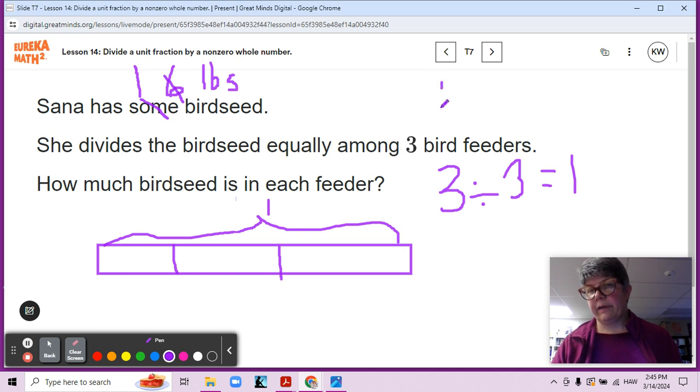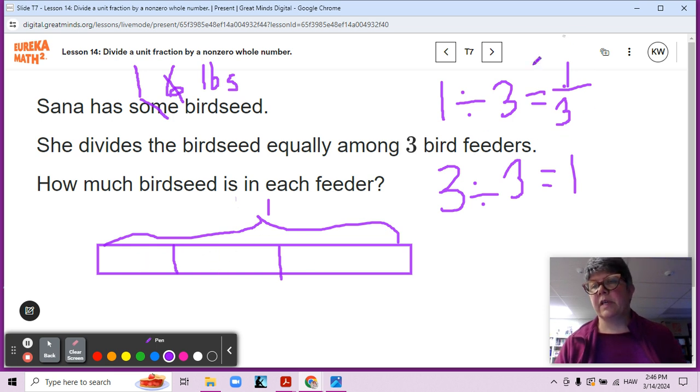Well, we would have 1 divided by 3. And hopefully you remember that 1 divided by 3 is the same as 1/3, right? So each of these would be 1/3, 2/3, 3/3. So each bird feeder would get 1/3 of a pound.